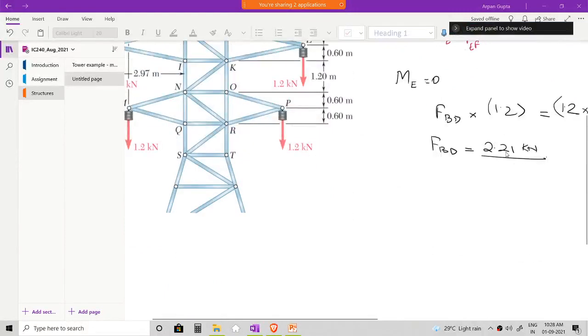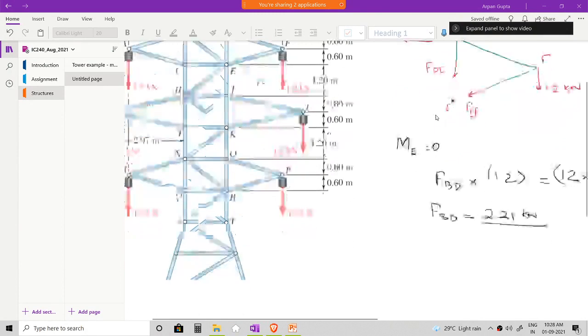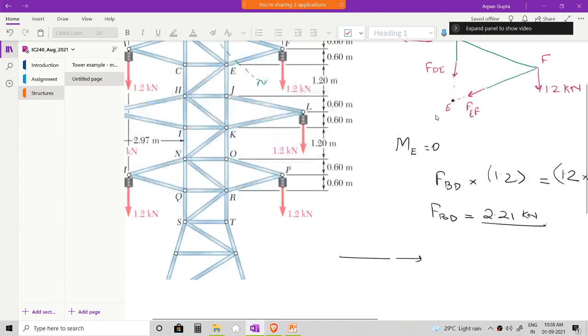So that's about the method of sections. I was saying that this force turns out to be in the left hand direction, so if I draw for the member BD, the force is equal and opposite, so it will be something like this, and therefore BD is in tension.